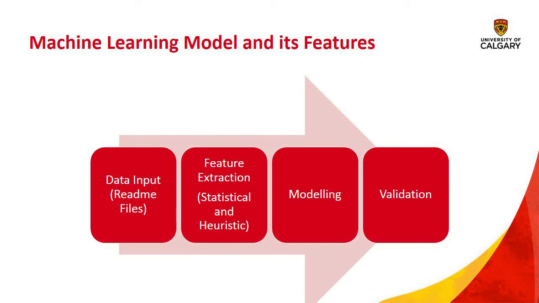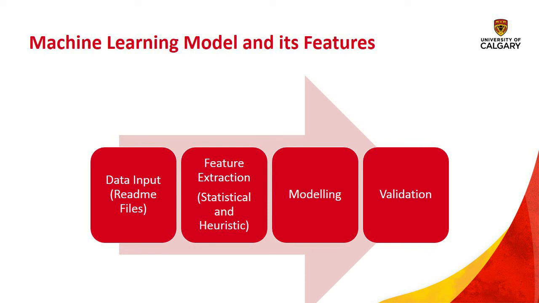Now let us talk about our machine learning model and our overall machine learning pipeline. First, we will have the README files as well as our manual input annotations as the input for our pipeline.